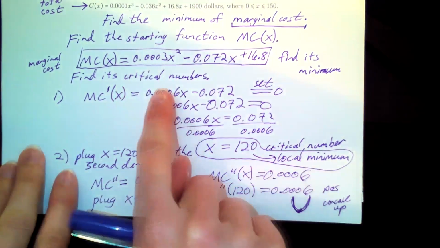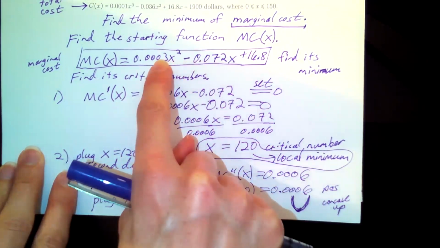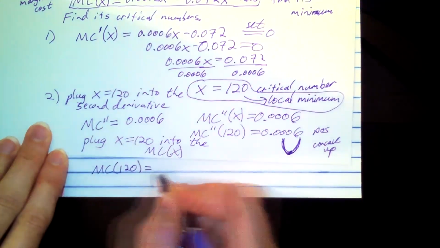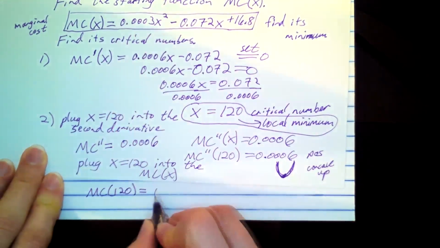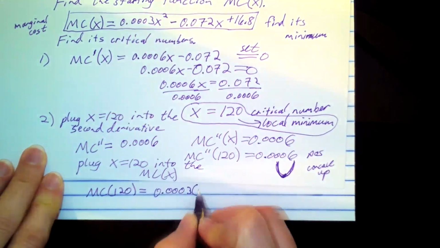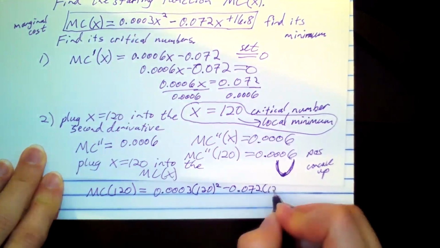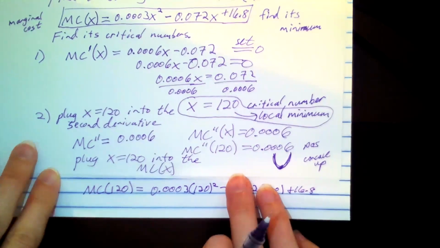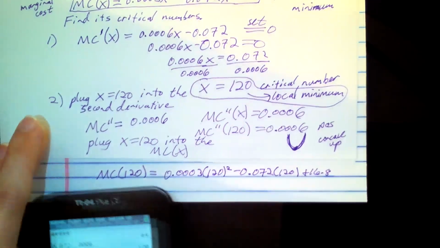If you plug x equal 120 into this right here, and punch it out, you get MC of 120 is, plug it in up here, 0.0003 times 120 squared, minus 0.072 times 120, plus 16.8. So let's punch this out on our calculator, being very careful here.